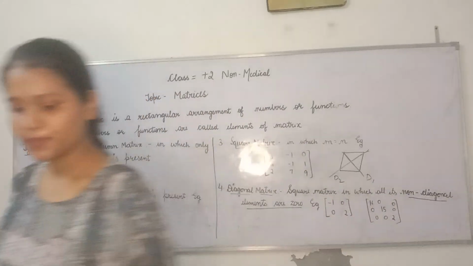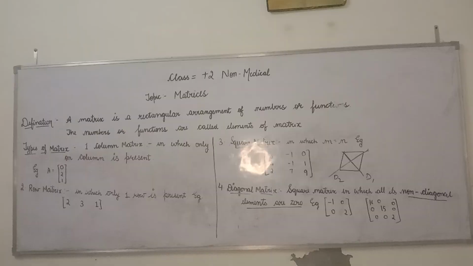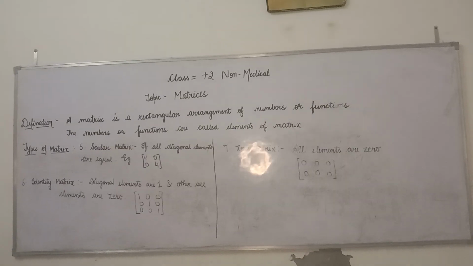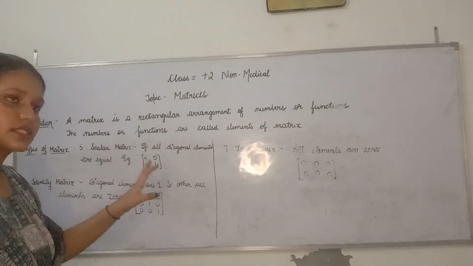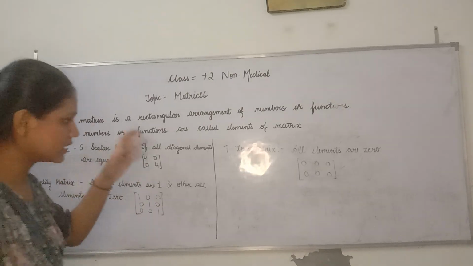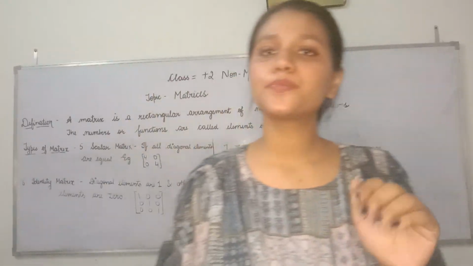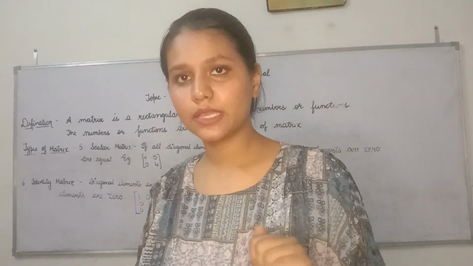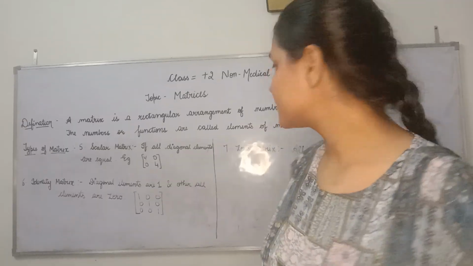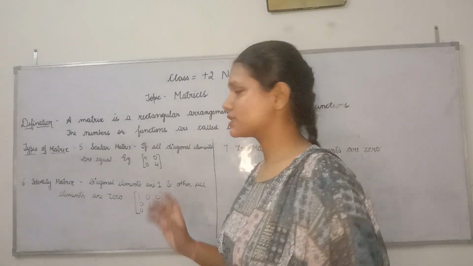Now another form is the scalar matrix. A scalar matrix is a type of diagonal matrix, in which the diagonal elements are non-zero, and other than those are zeros.